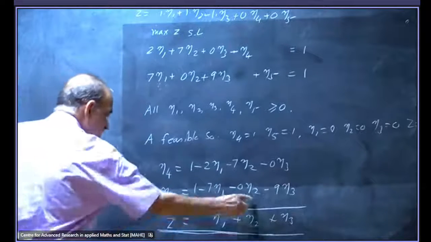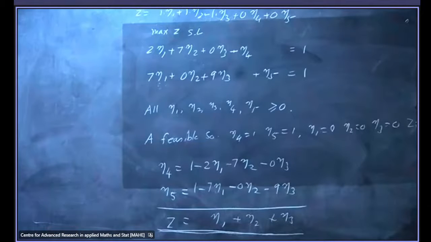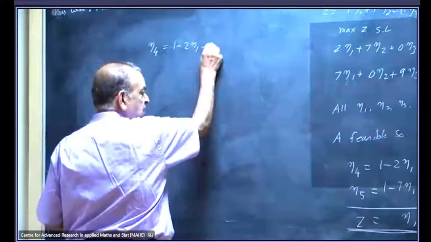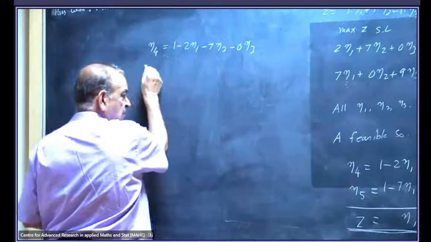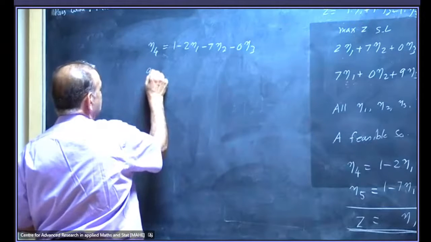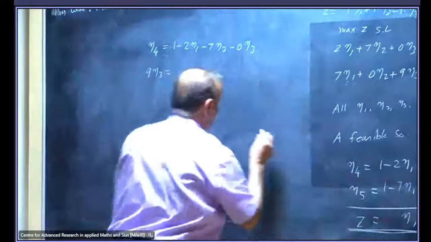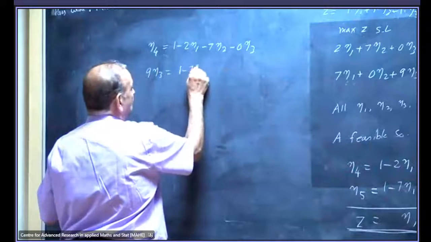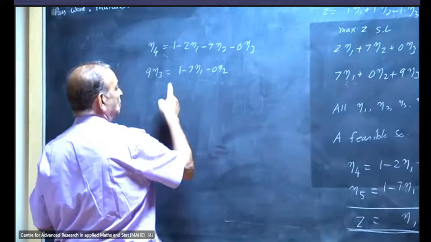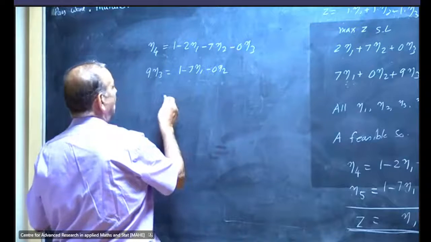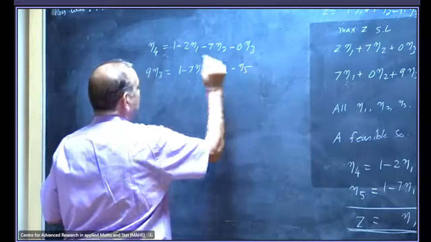So I can write down the same equation in the other fashion. So eta 4 equals 1 minus 2 eta 1 minus 7 eta 2 minus 0 eta 3. This one is 9 eta 3 equals, take this one to this side and this one to this side, 1 minus 7 eta 1 minus 0 eta 2 minus eta 5.